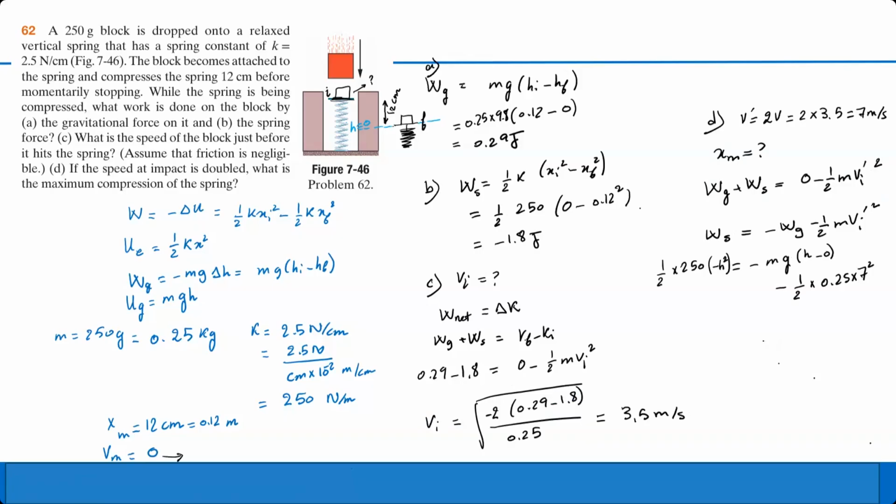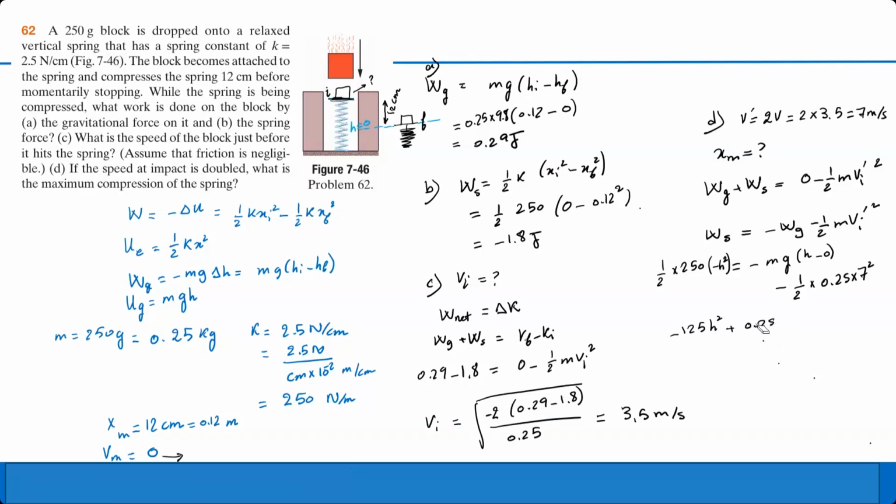So I got this nice formula, which isn't really very nice because it will be a quadratic equation. I will get here minus 125 h squared plus 0.25.